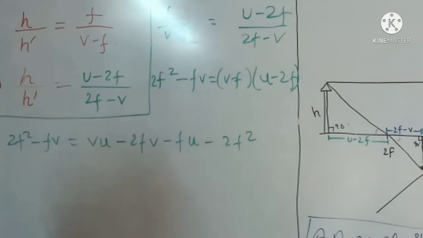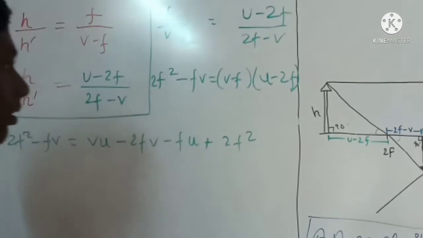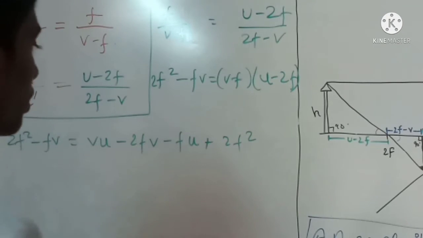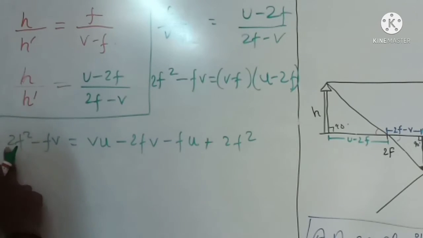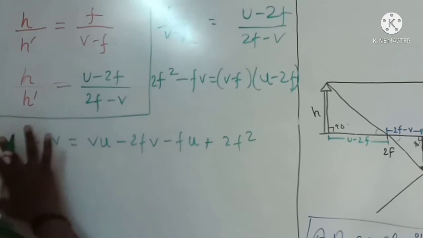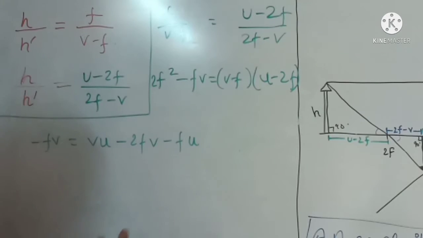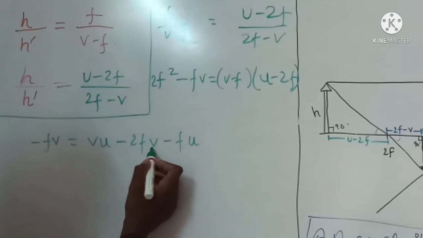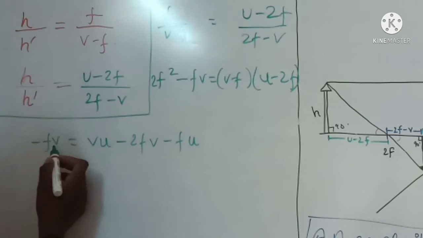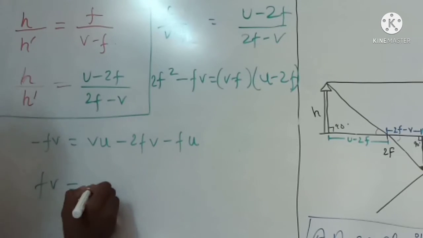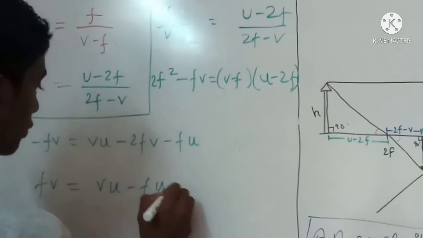Sorry, it is plus 2f square because the minus signs cancel. We can cross out the 2f square on both sides, and we see 2fv and minus fv, so we can combine them. So fv is equal to vu minus fu.